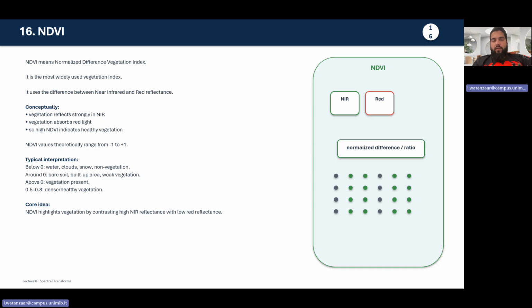This is how we highlight the vegetation: by contrasting the near infrared reflectance with the low red reflectance. As you already discussed in this topic, it uses the difference between the near infrared and the red reflectance.